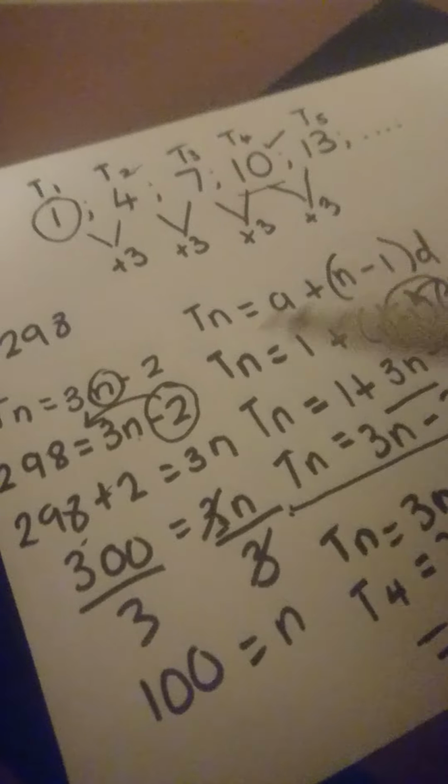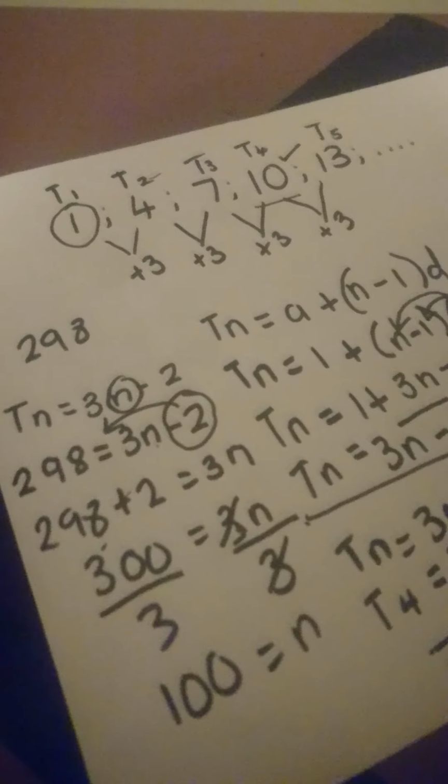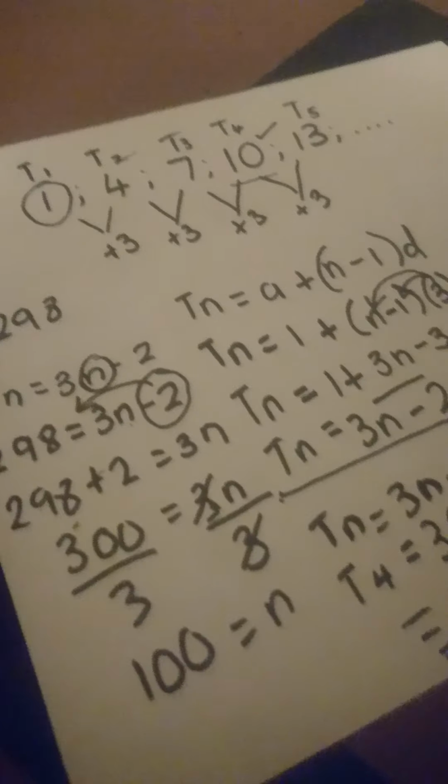Because we want to get rid of the 3, we divide by 3 on both sides. These 3s cancel out, and 300 divided by 3 gives us 100, which equals n. So the 100th term will be 298.